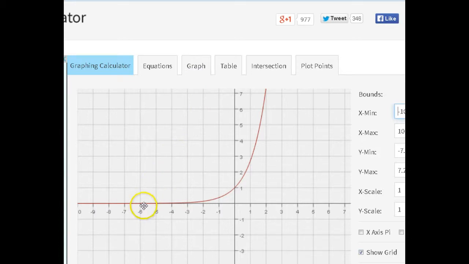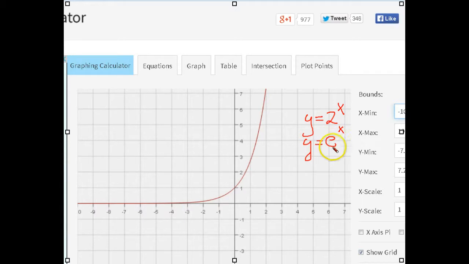Well, believe it or not, it looks very similar to what we've done before. Now, earlier in this chapter, we often graphed y equals 2 to the x power. But remember, now we're substituting y equals e to the x power.